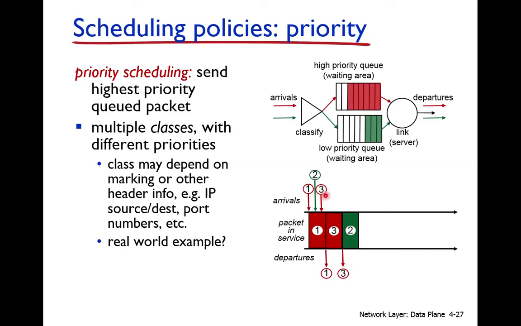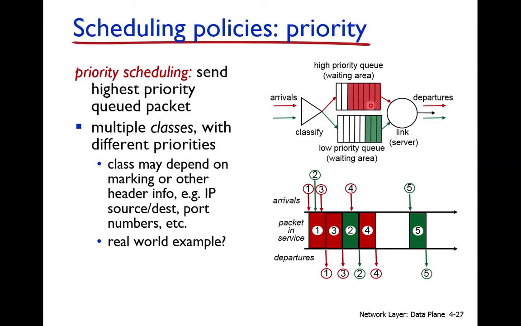Since the red one, packet 3, has higher priority, it will be processed first. After it is transmitted, packet 2 will be processed and transmitted. When packet 4 comes, packet 2 is in service, so packet 4 has to wait until packet 2 gets its transmission, and then 4 will be transmitted.